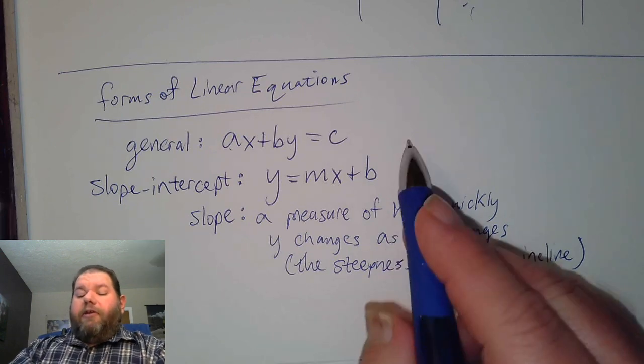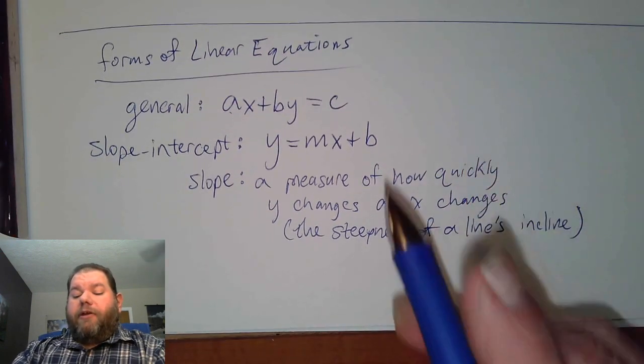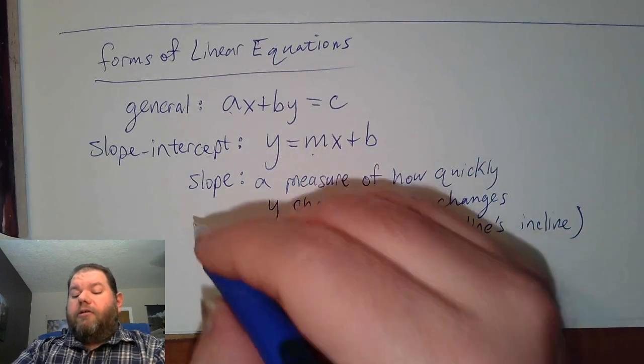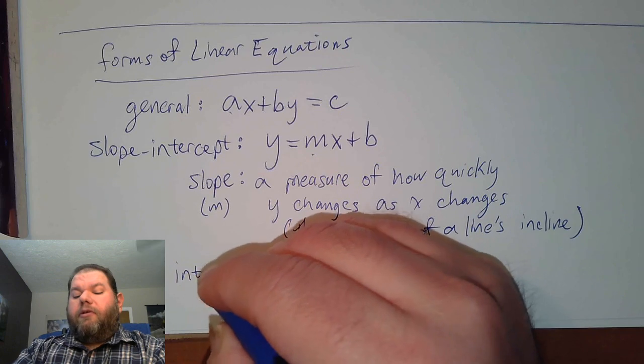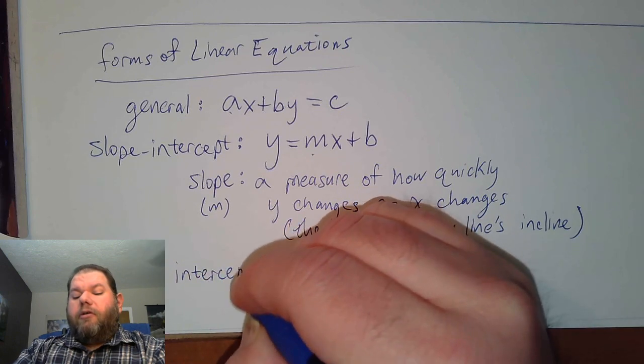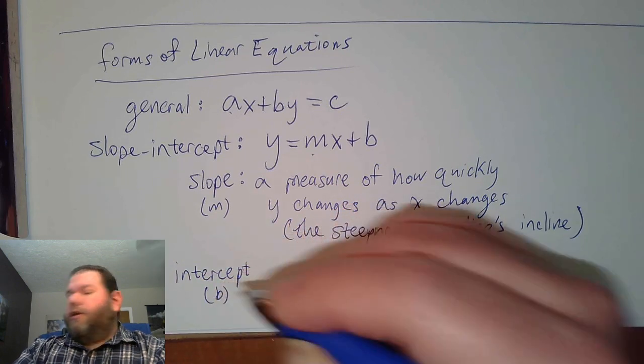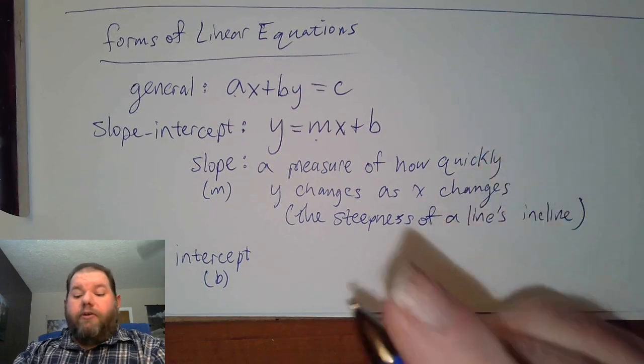Then we also have the intercept, which is our b value. Slope is m, and our intercept b. This is actually the y-intercept specifically.